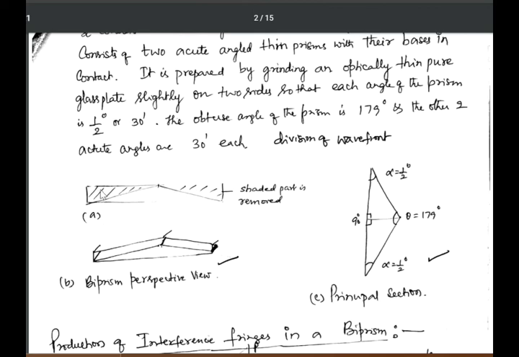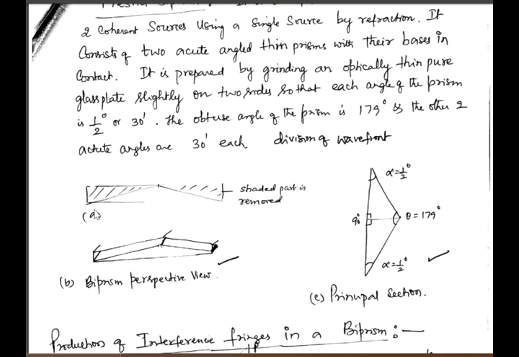So figure A shows how a glass plate is cut into this portion, not the shaded part, the remaining triangular portion. It is cut from a glass plate which serves as the biprism. This is a perspective view of the biprism. This angle will be about 179 degrees. This angle will be half a degree.